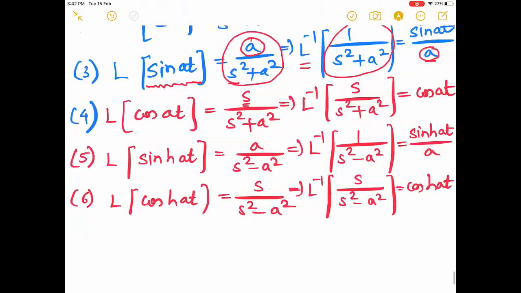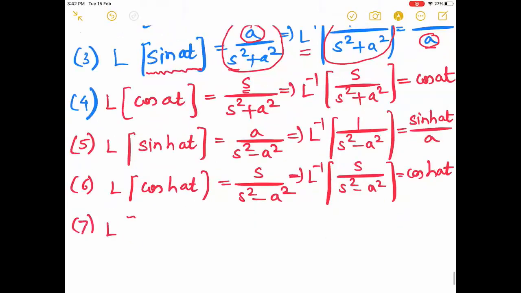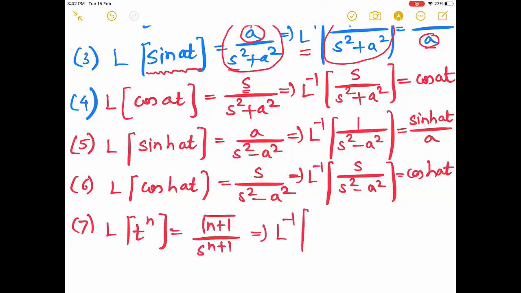And lastly, this algebraic function we have done, t raised to n, which is giving you gamma n plus 1 upon s raised to n plus 1. Therefore, inverse transform of, once again, gamma n plus 1 is always a constant. So only the s function you keep here.